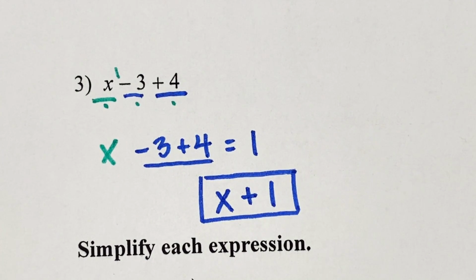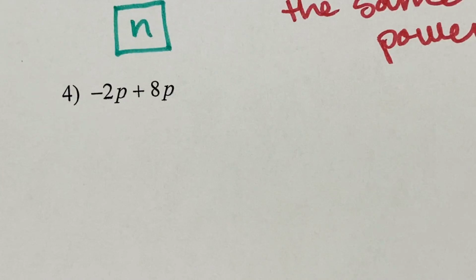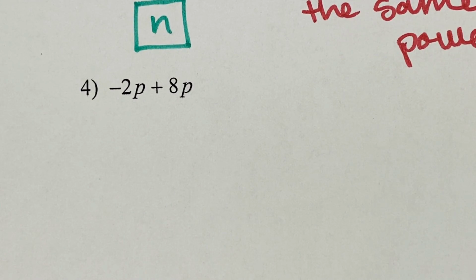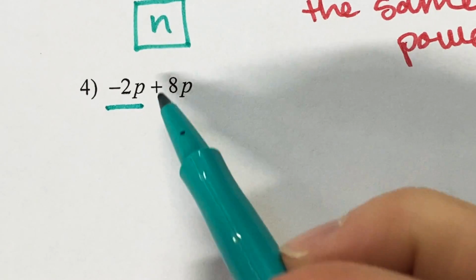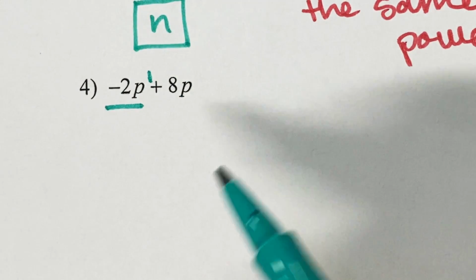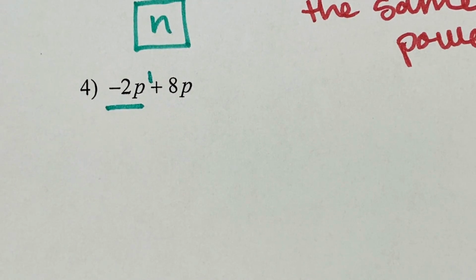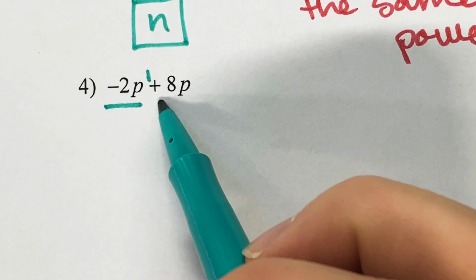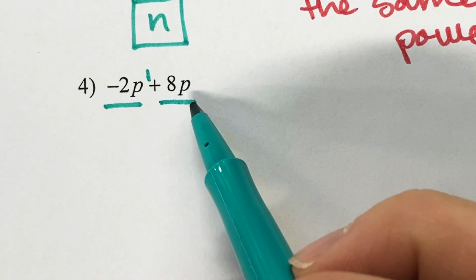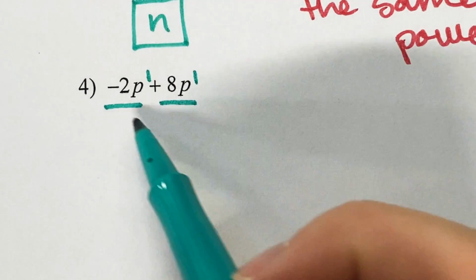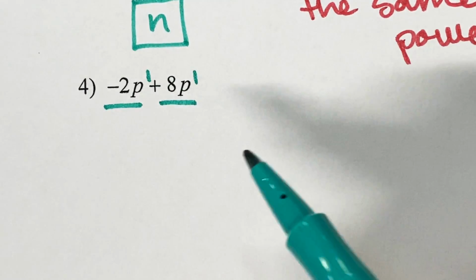Okay, awesome. So now let's look at number 4. We have two terms in number 4. Let's look at our first term. We have negative 2p, this p is to the power of 1. So we're looking for another p to the power of 1. Does our second term have p to the power of 1? Yes, it does. So that means these guys are like terms. I can combine them.